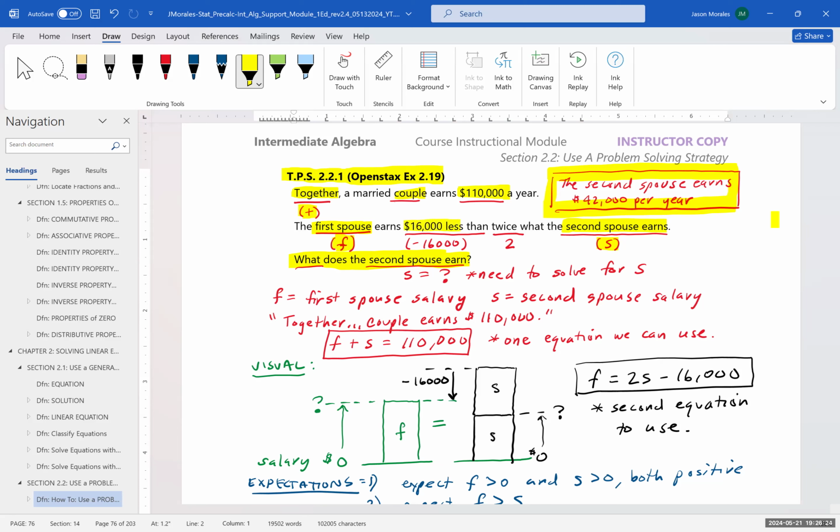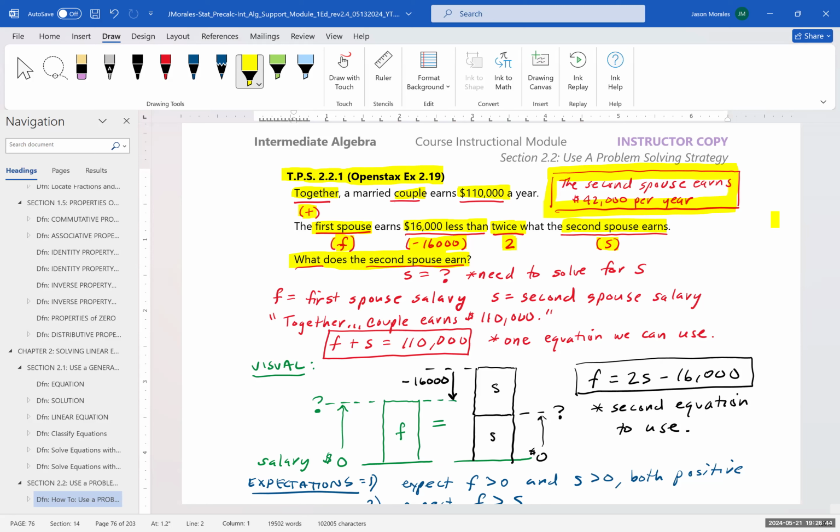When I see $16,000 less than, I think subtract 16,000. Then it says twice. When I see the word twice, that's a key word for the number 2, twice what the second spouse earns. So I think that's going to be 2s.